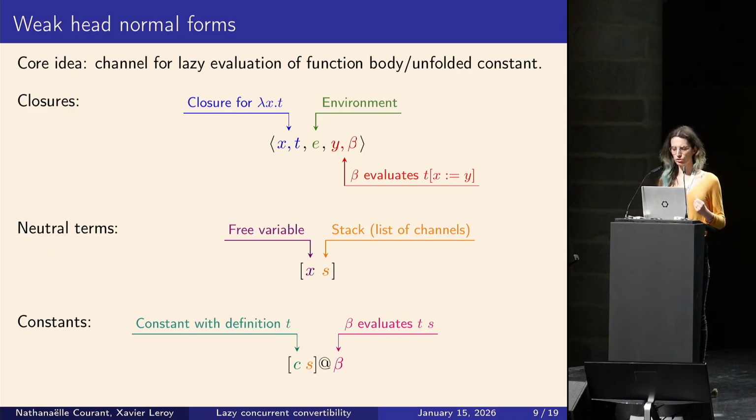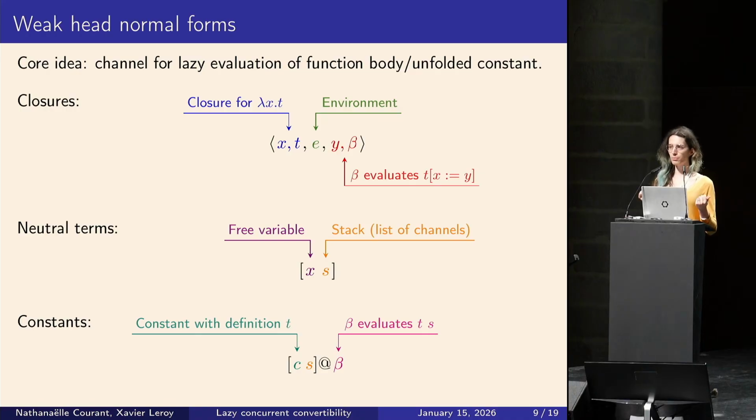So for a closure, we have the usual part, so the variable on the closure, an environment, and also this channel beta, which evaluates the body of the function with a new head variable, a new parameter.